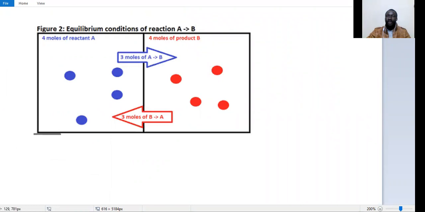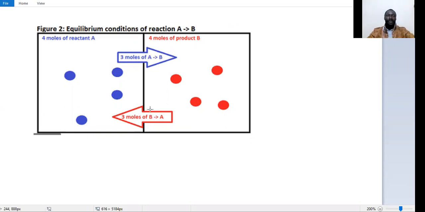And here we have it. They're saying equilibrium condition of reaction A to B. Now, one thing you notice here is that 3 moles of A is going to B and 3 moles of B is going to A. What that means is each time reactant A is losing 3 moles of what it had, it will be receiving 3 moles of what it is missing.